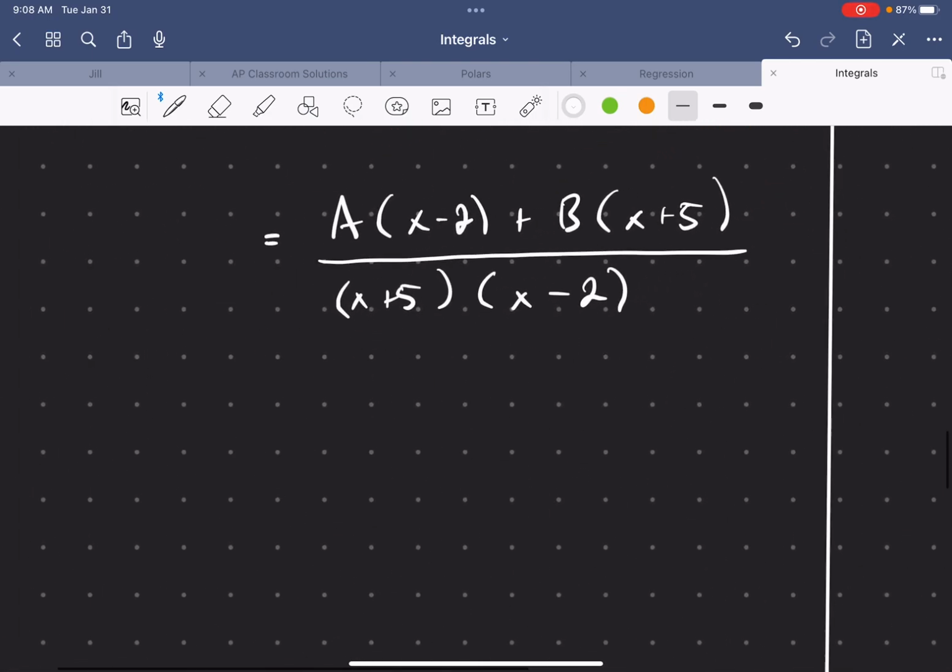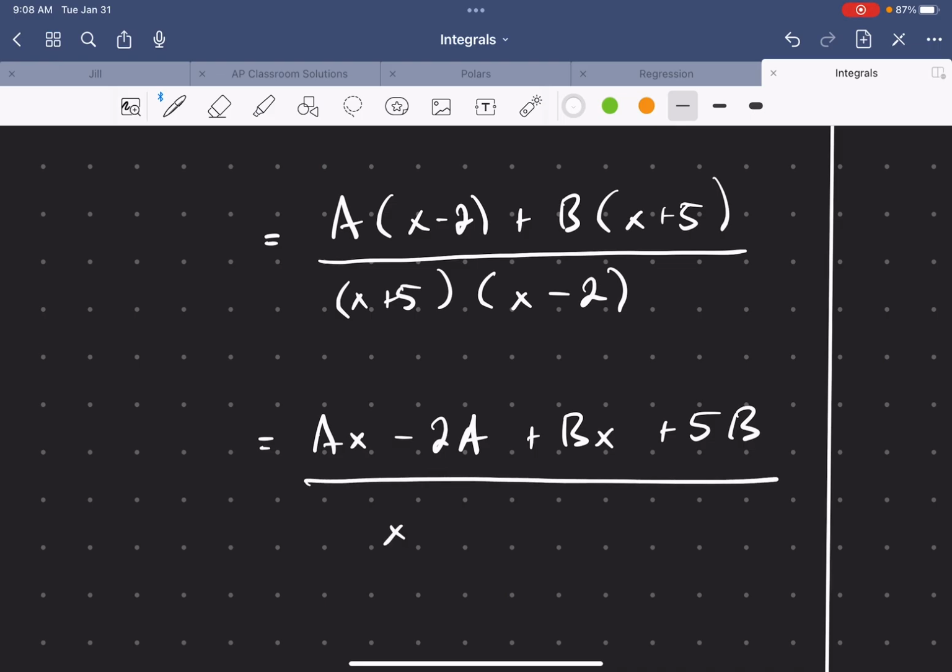Well, let's distribute the A and the B. So I would have Ax - 2A + Bx + 5B, over (x + 5)(x - 2).